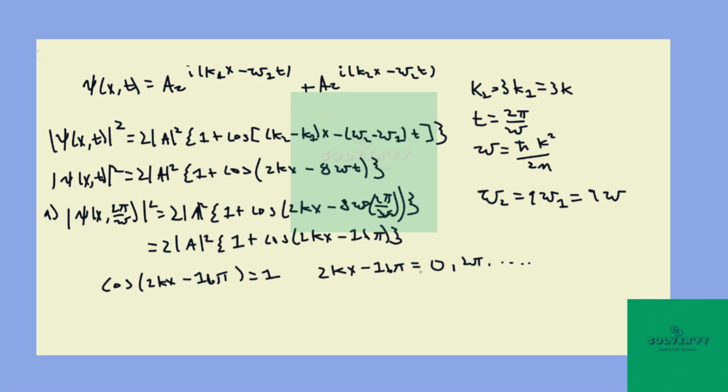So the lowest value of x is when it's equal to 0. So when 2kx is equal to 16 pi, now solving for x, the smallest value of x where psi squared is a maximum is going to be equal to 8 pi over k. All right, so that's part A.